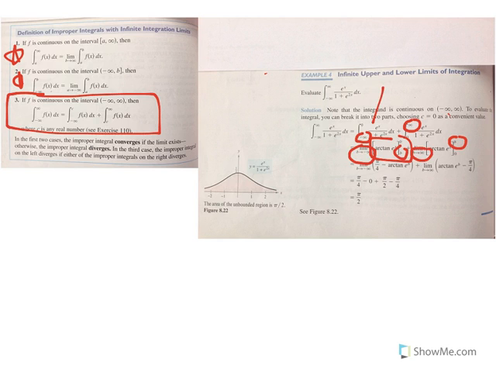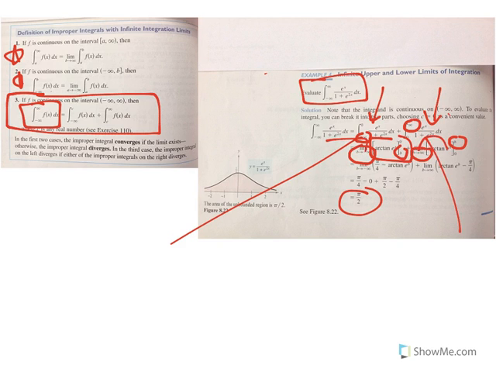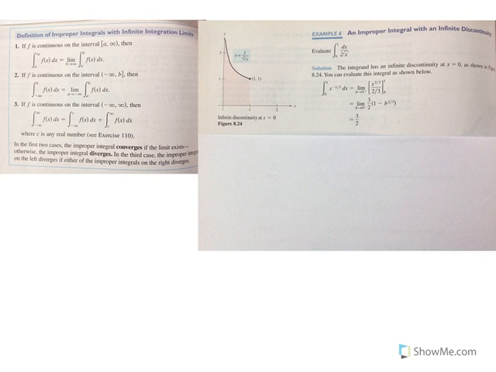But both of these improper integrals converge, and because both of them converge, we say the improper integral here converges. If one of them had diverged, we would say the improper integral diverges.